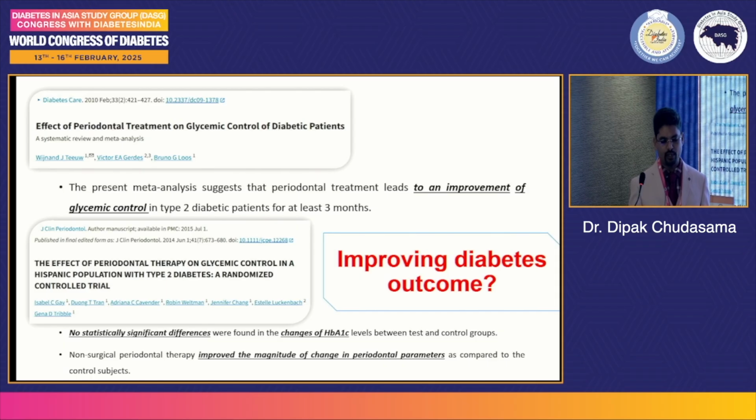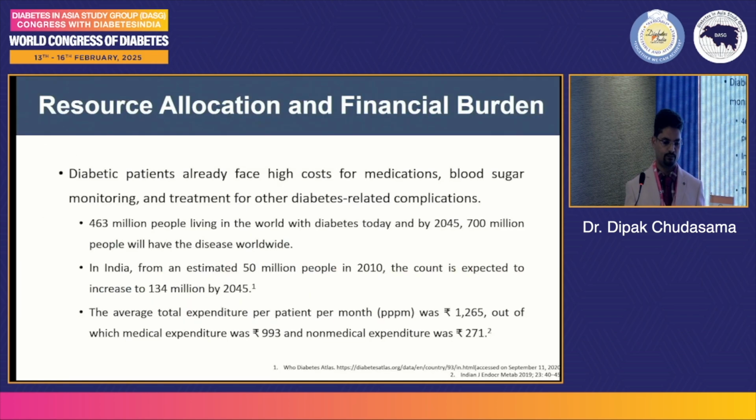Whereas, on the effect of periodontal therapy, the Journal of Clinical Periodontology suggests that no statistically significant difference was found in the changes of HbA1c levels between the test and the control group, and non-surgical periodontal therapy did not improve the magnitude of change in periodontal parameters compared to the control group. So again, it's a question mark whether improving diabetes with periodontal treatment works or not.